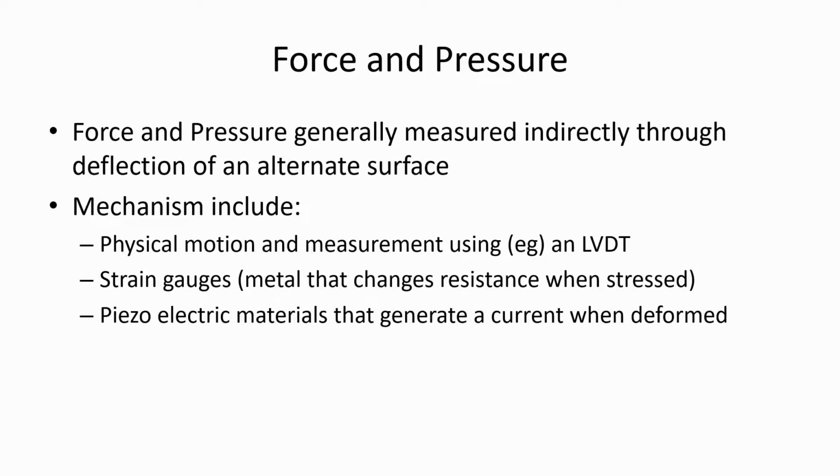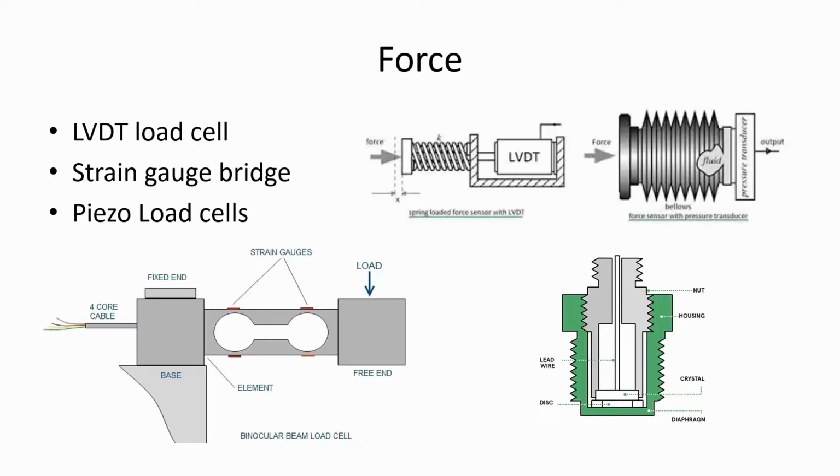When pressure is applied on a piezoelectric material, it generates an electric current, with which we can measure the amount of pressure or force. So LVDT, strain gauges or piezo materials are used for sensing force.